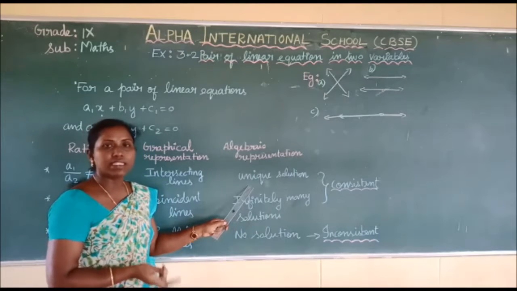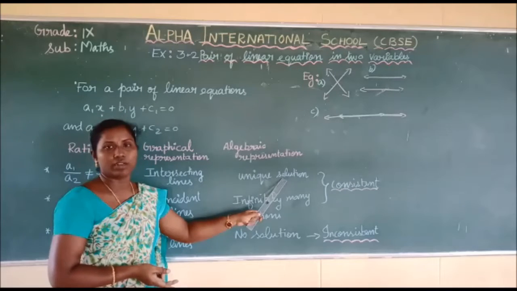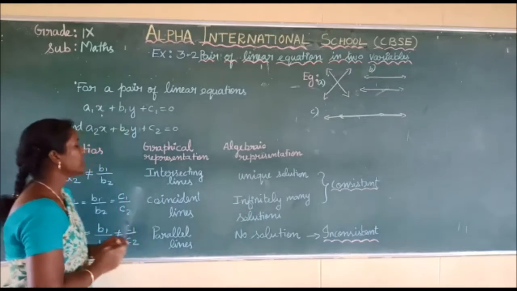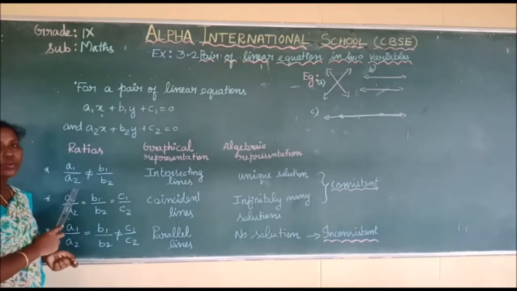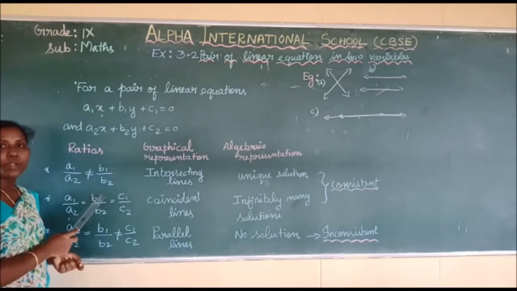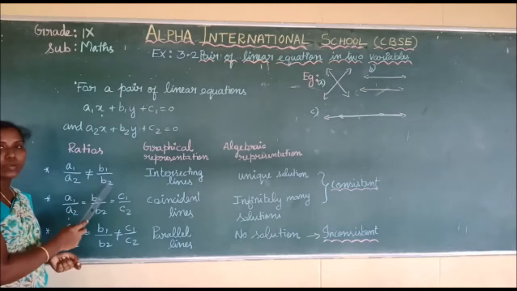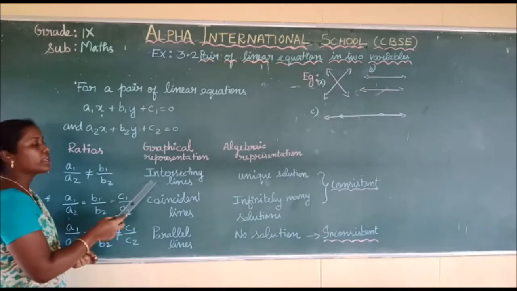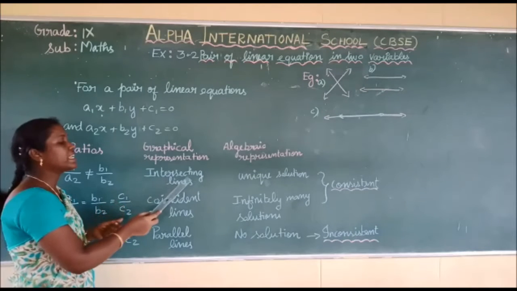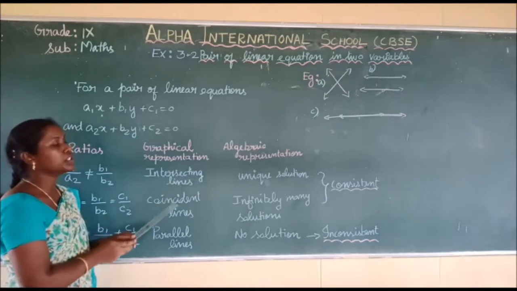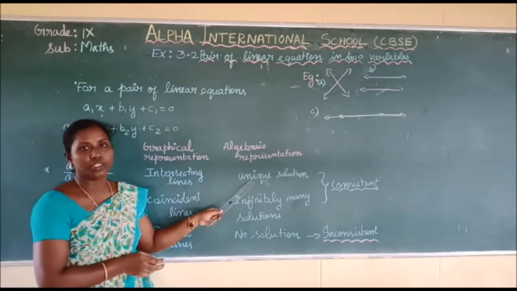In other words, it has a unique solution. So the first point: if you are finding the ratios of the coefficients and a1 by a2 is not equal to b1 by b2, the graphical representation of the pair of linear equations will have intersecting lines, and it has a unique solution.